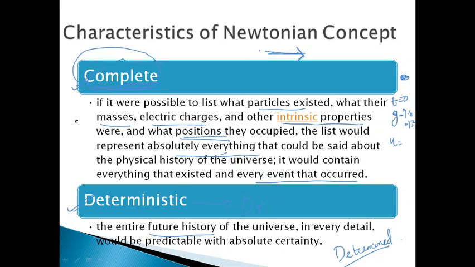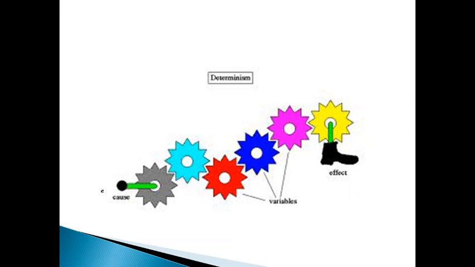According to completeness, the past history can be completely obtained from certain parameters, and according to determinism, the future can be predicted. These are the two characteristics of the Newtonian concept. We will look into this property of determinism, according to which the entire future of the universe can be predicted, in this class.